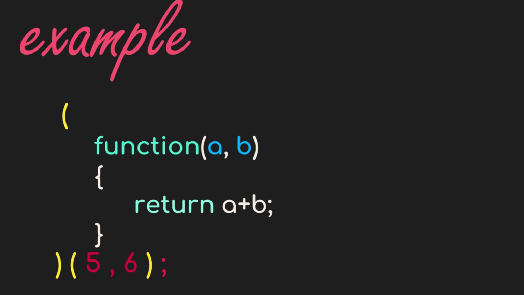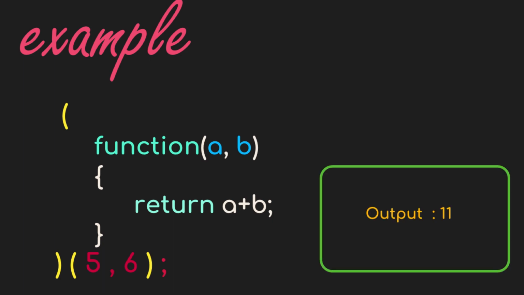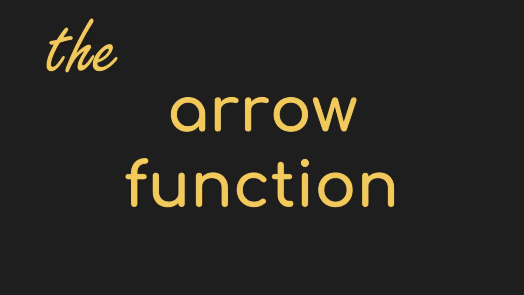Here in this example, 5 will be passed to A and 6 will be passed to B. Finally, the execution will produce you the result as 11. In case of IIFE, there is no separate function call as the function will be called and executed in the same line.